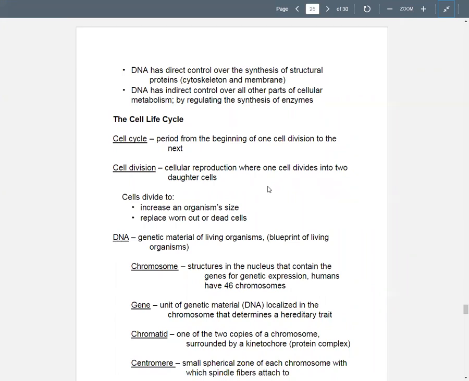Proteins exist in your cell membrane, and proteins exist in your cytoskeleton. DNA is going to have more indirect control over the other parts of cell metabolism. And it does that by regulating the synthesis of different enzymes, which are proteins. Those enzymes will regulate other parts of cell metabolism, but the DNA is going to control production of those enzymes.